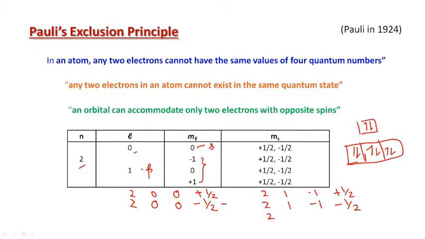For the third electron, 2, 1, 0 and plus half; 2, 1, 0 and minus half. If you compare, these differ in ml, while the two adjacent ones have different values of ms. So no two electrons in an atom will have the same quantum numbers.